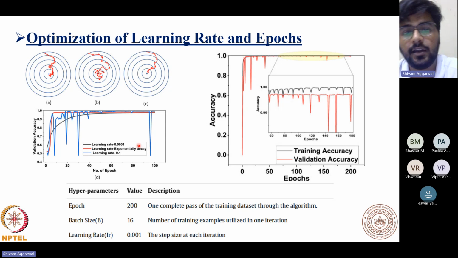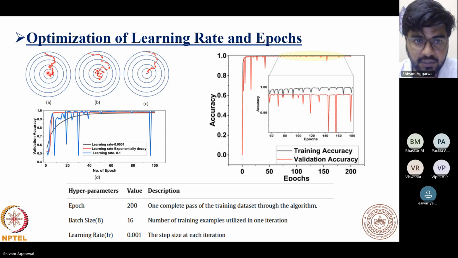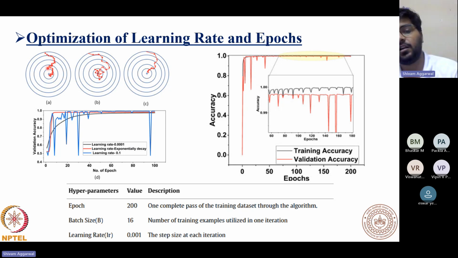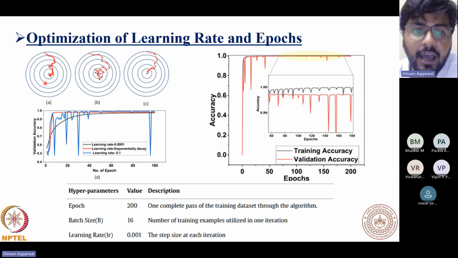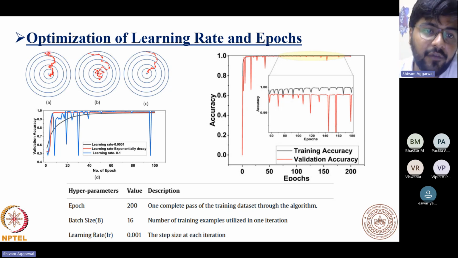If I talk about the learning rate, if our learning rate is too small, our model takes too long to reach its learning point, where it will get the highest accuracy. But if your learning rate is too high, then it will not be able to reach the minimum.